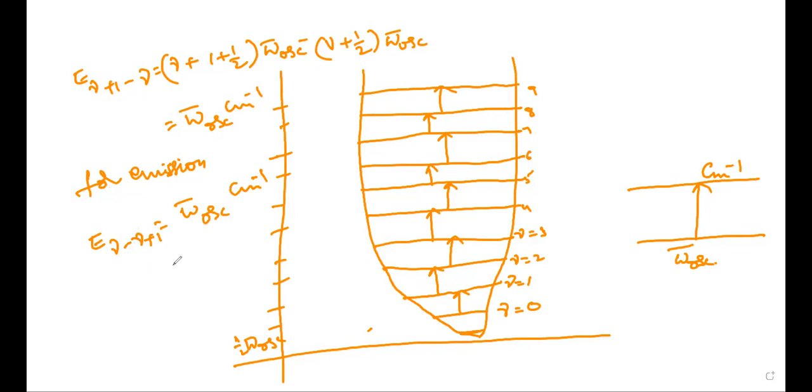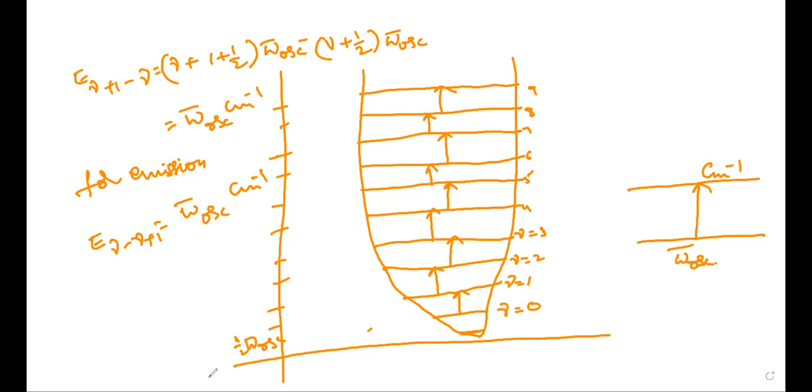From these two results, the vibrational levels are equally spaced, for either absorption or emission. The transition between any two neighboring states will give rise to the same energy change.